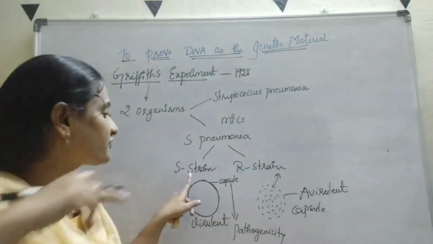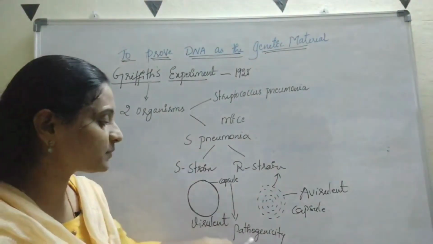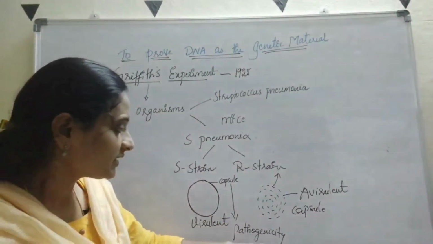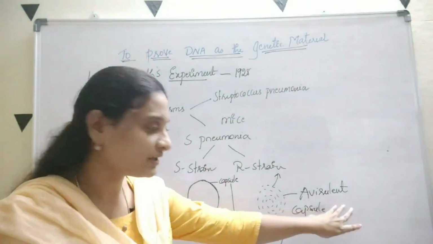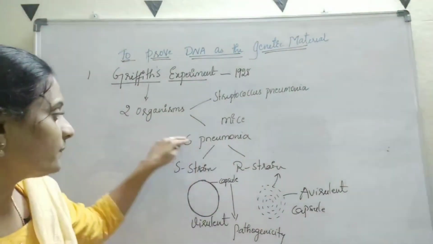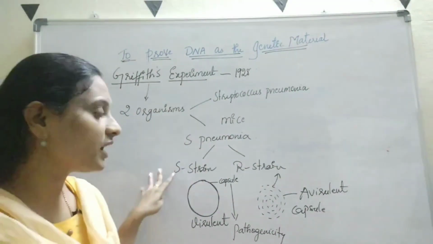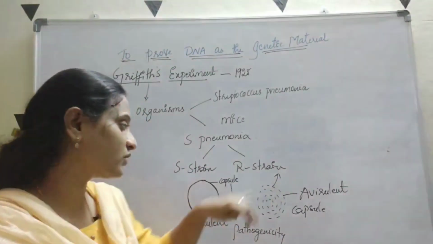So here Streptococcus pneumoniae occurs in two strains: one is the smooth strain, the other is the rough strain.